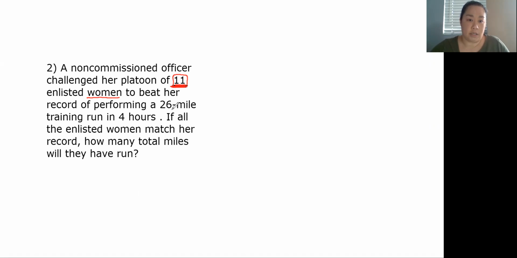And the lady did a 26-mile run in 4 hours. So if all of the women, that means 11 of them, do it in 4 hours, how many miles? In 4 hours, you do 26. There's 11 of them. So what I'm going to do is 26 times 11.